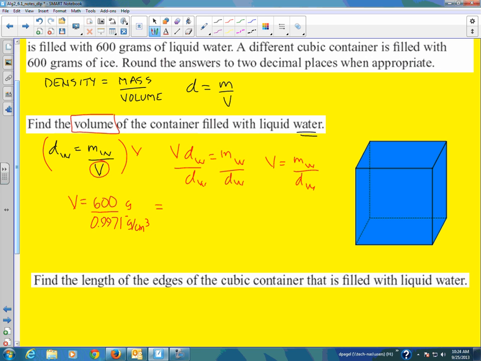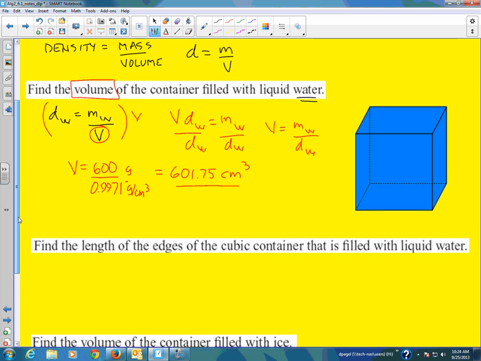This answer is 601.75, rounded to 2 decimal places, as it told us to do. So 601.75 cubic centimeters. There's our volume. That's the volume of the box we would need to fill with this water.